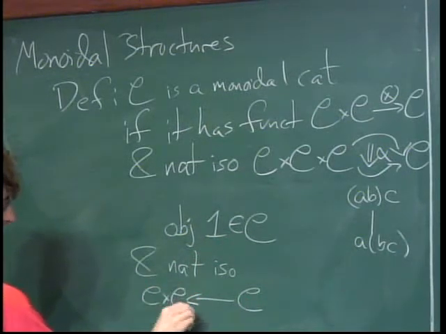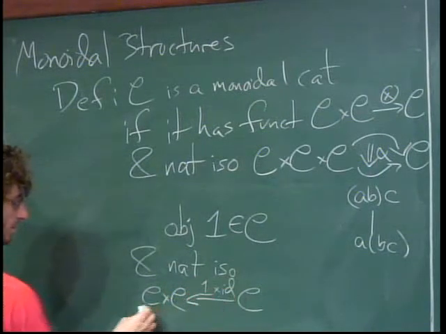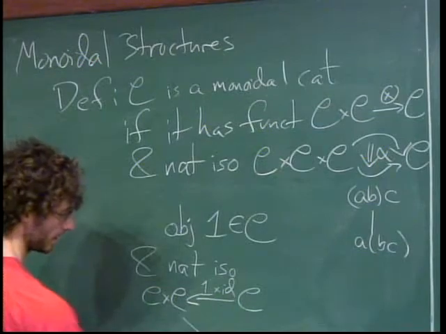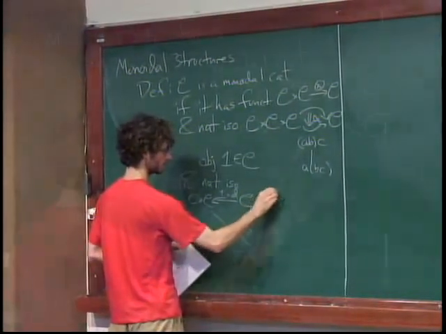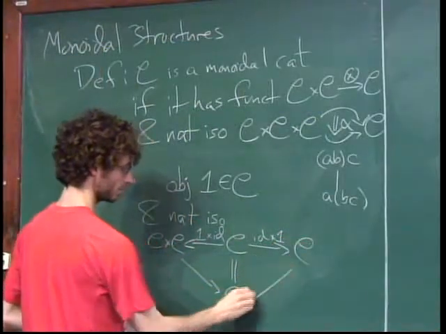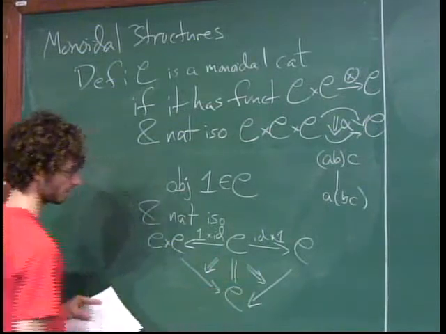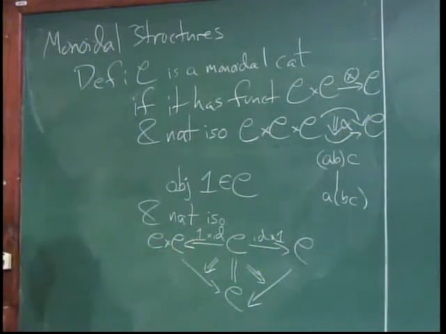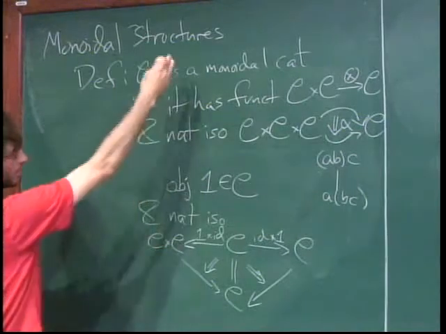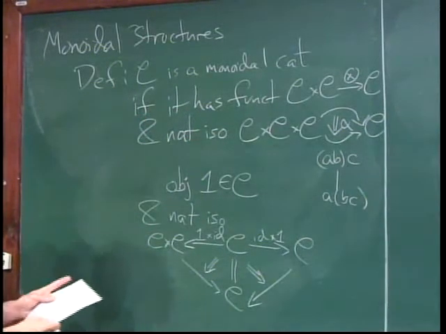I can map to C cross C by putting the unit in the first factor and then multiplying them together, or I can put the unit in the second factor and then multiply them together. And these should be the same as doing nothing. That is, if I take 1 times something, it's the same as not doing anything at all. So that's all the data, and then I want these to satisfy some coherence conditions.